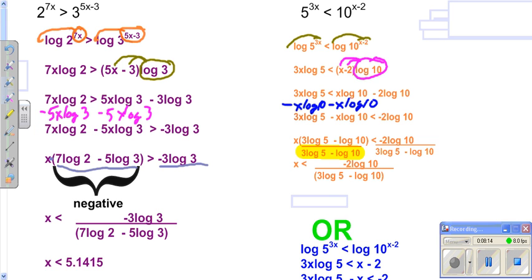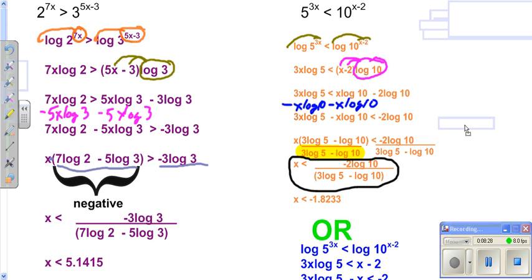So what we have right here is your calculator ready form. Then you want to go ahead, type that into your calculator, putting the whole top in parentheses, divided by, put the whole bottom in parentheses, and you will get this.